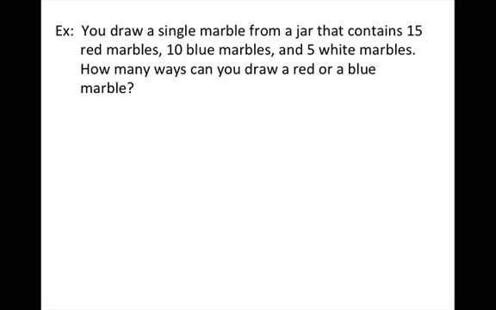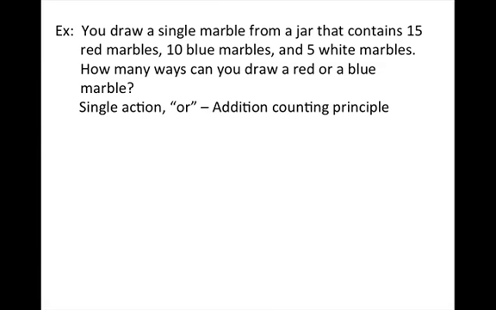For the next example, you draw a single marble from a jar that contains 15 red marbles, 10 blue marbles, and 5 white marbles. How many ways can you draw a red or a blue marble? This example is a single action event. Since I see the word or, I'm going to apply the addition counting principle.